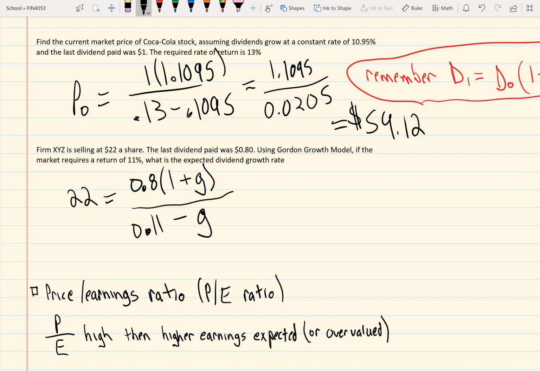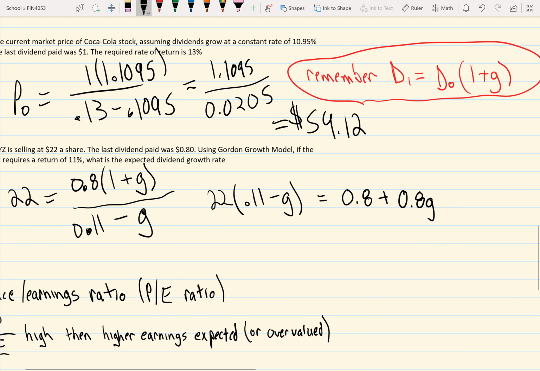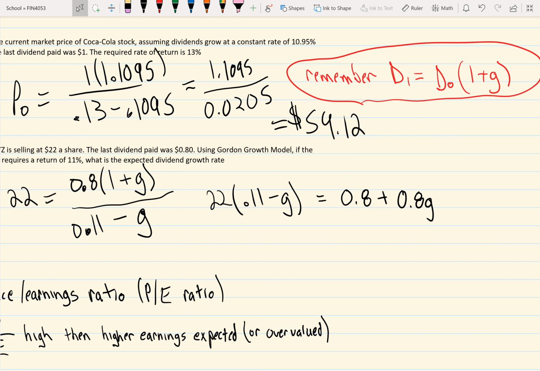We can multiply that over. And this 0.11 times 22 is 2.42.